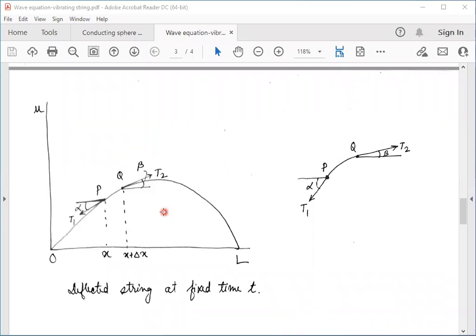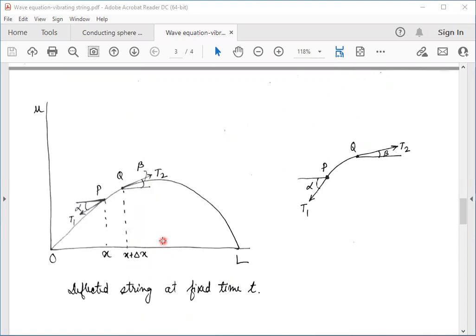Then the third assumption: the string performs small transverse motions in a vertical plane. That is, every particle of the string moves strictly vertically, either vertically up or vertically down. It does not move horizontally.